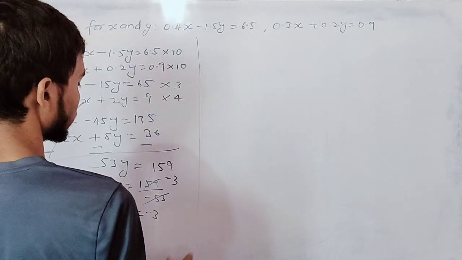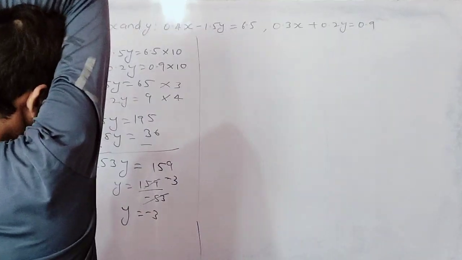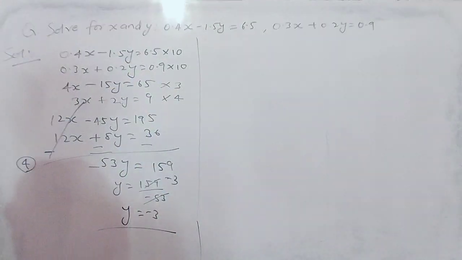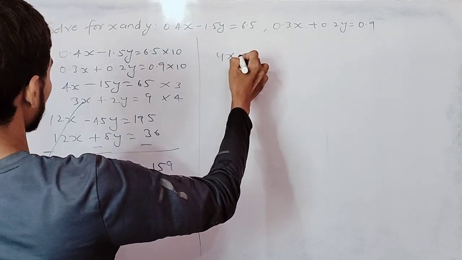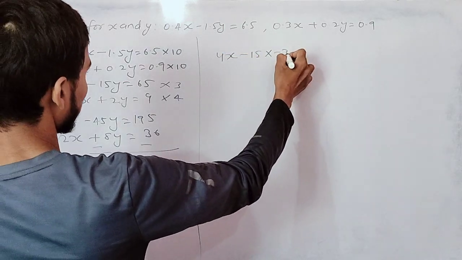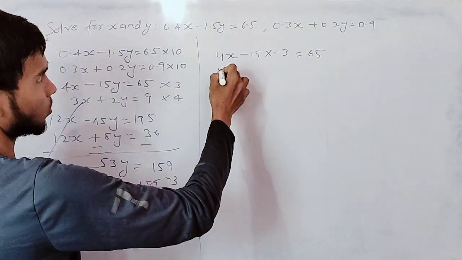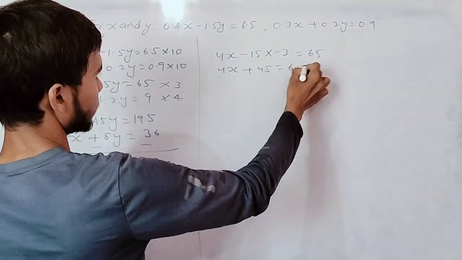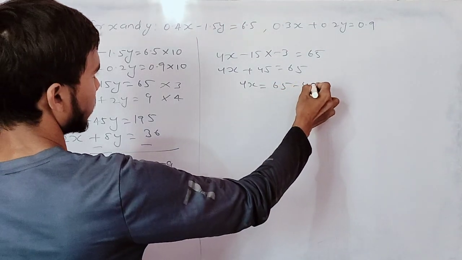Now here we will substitute the value of y in any equation. 4x minus 15y, multiplied by minus 3, is equal to 65. 4x plus 45 is equal to 65. 4x is equal to 65 minus 45.